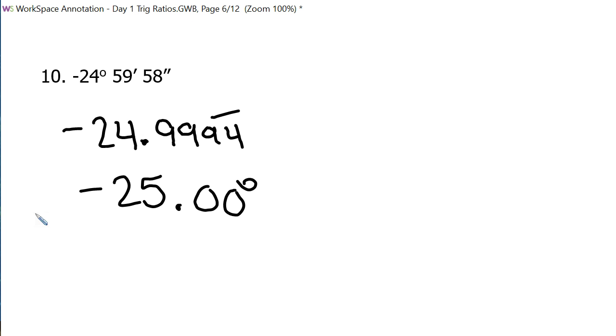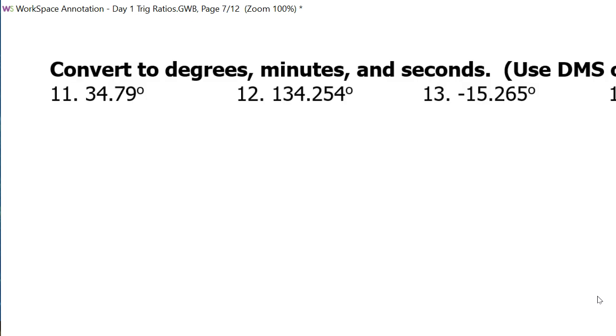Questions on that section? Now for the next section. This one says convert to degrees, minutes, and seconds, and it says use DMS on your calculator. Well, DMS stands for degrees, minutes, and seconds.